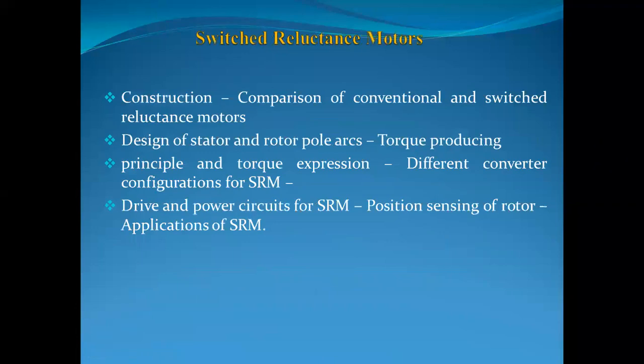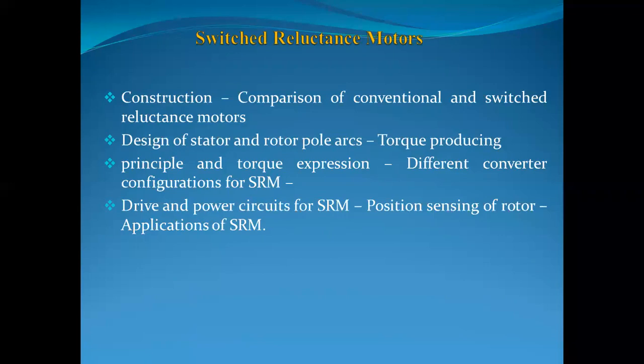And next one, the switched reluctance motor. In the switched reluctance motor, you know reluctance. What is meant by resistance? What is meant by reluctance? Resistance is considered on the electrical circuit side, and reluctance is considered on the magnetic circuit side.